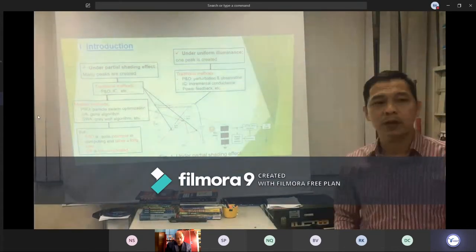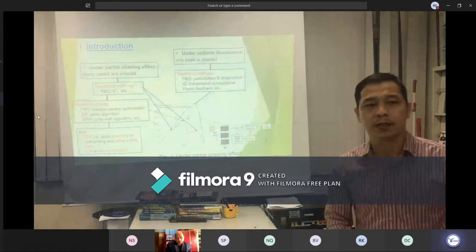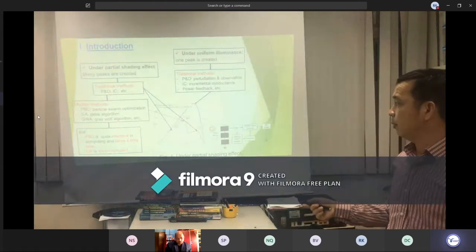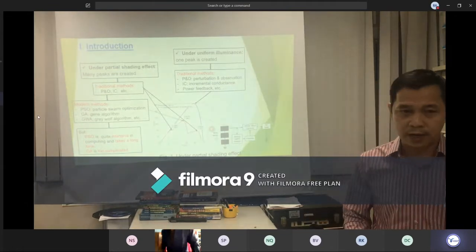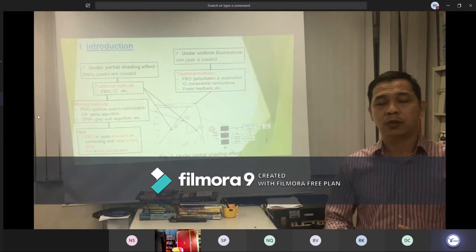However, PSO is quite computationally intensive and takes a long time. The GA is too complicated and the computation time is too long to find the global MPP.